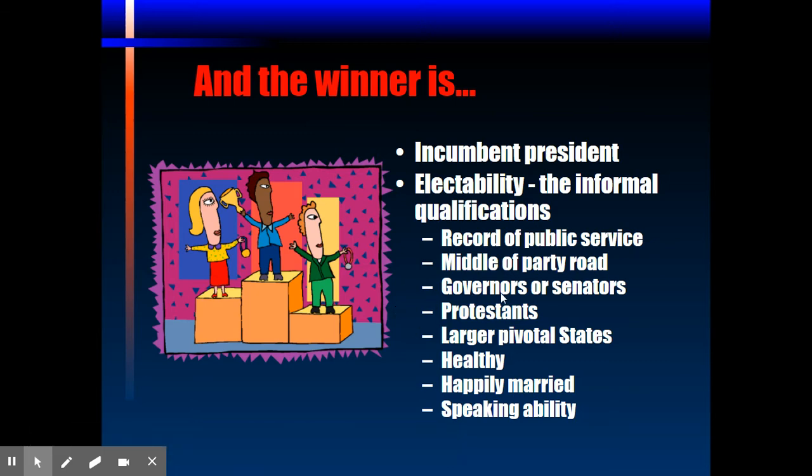All right. Also, presidents tend to have been either governors or senators in the past, and we'll see a list of that in just a minute. They tend to be Protestant as far as their religious beliefs. Of course, we've had one Catholic, but all of them, at least officially or on paper, have been Protestant Christians, I should say, except for Kennedy, who was a Catholic, right?